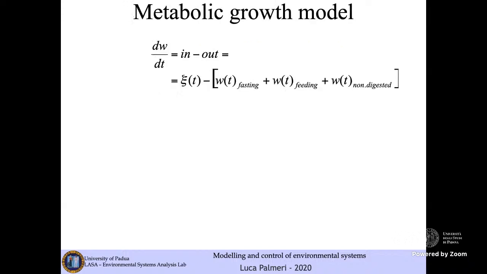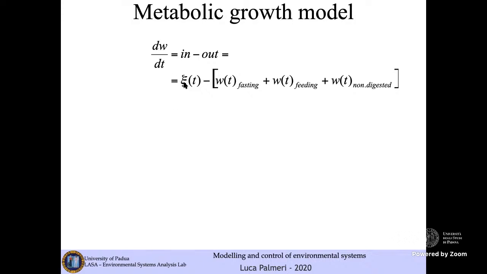Now, let's see how we can mathematically formalize this conceptual model. The variation in time of the weight of a fish is equal to what goes in minus what goes out.